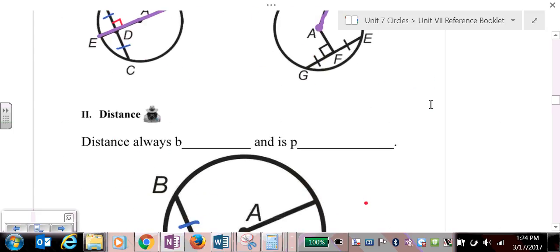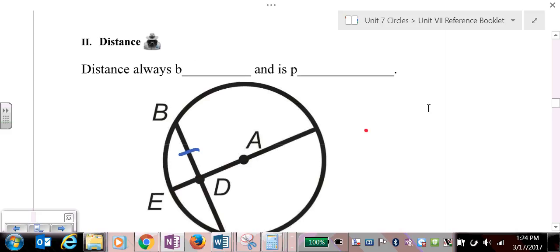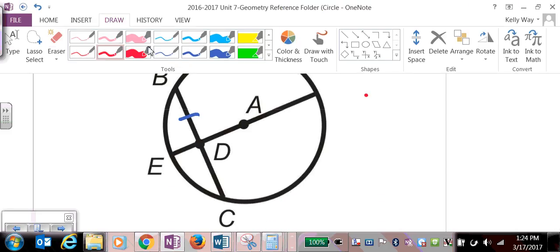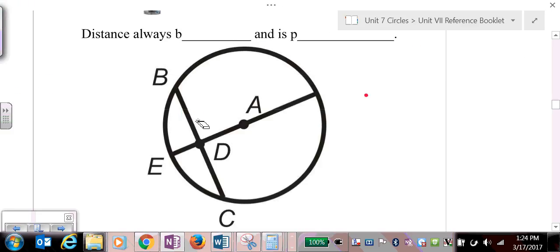There's also one more extremely subtle right angle. Okay, this red, you don't need to write it down, but I just want you to read it. Actually, do write it down. Write, in your reference booklet: chord BC is 5 centimeters from the center.